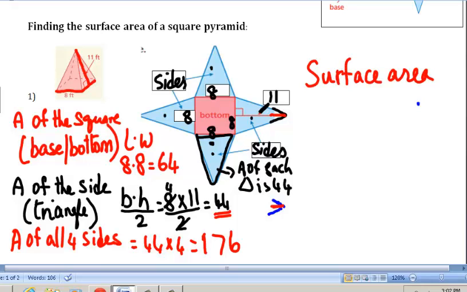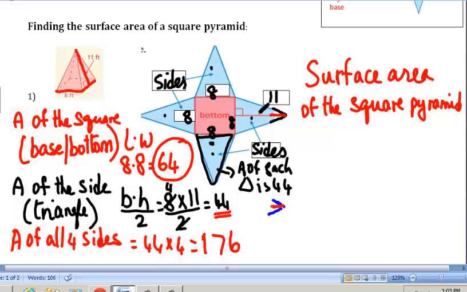surface area of the square pyramid is 64, which is right here. So you're adding this 64, which is the area of the square or the base.